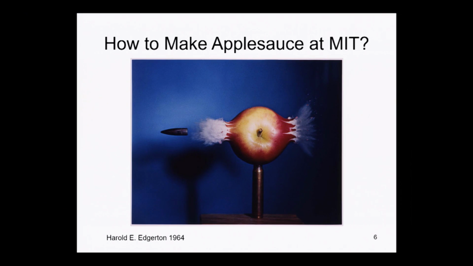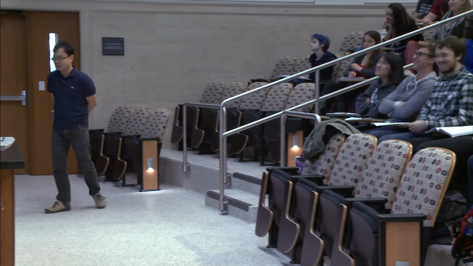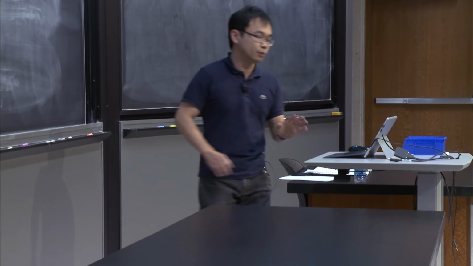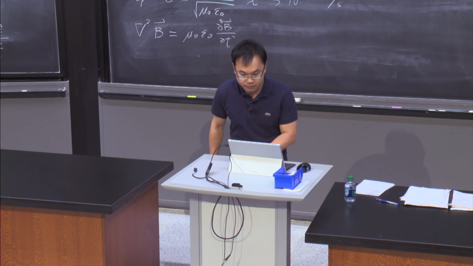This is how we make apple sauce at NTU. We put it through the apple, then we have the sauce. Not sure if that's tasty enough or not, but that's how we do it in NTU style, okay?